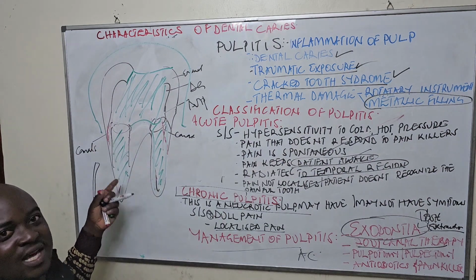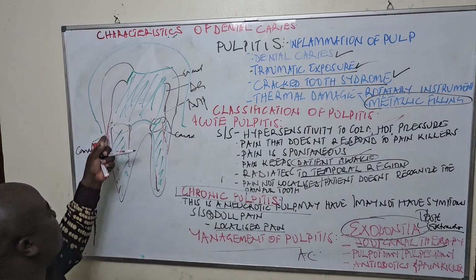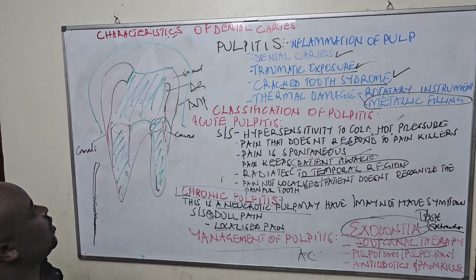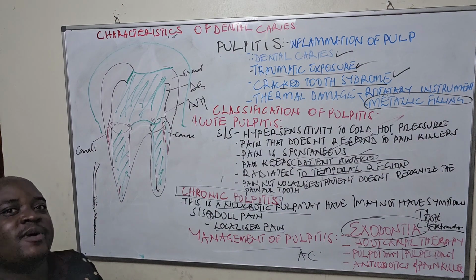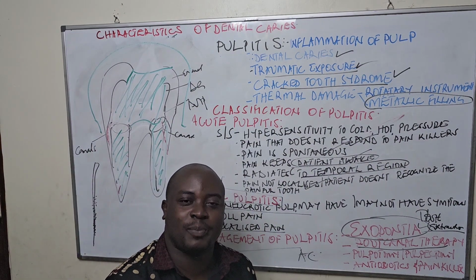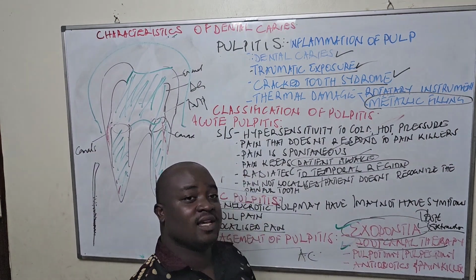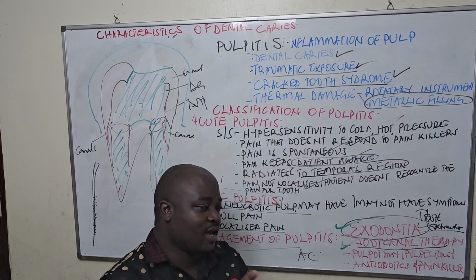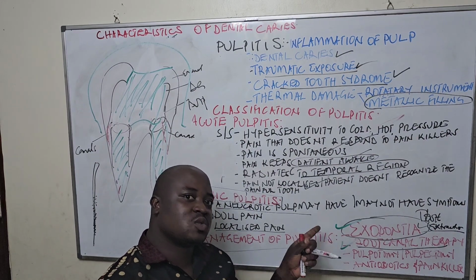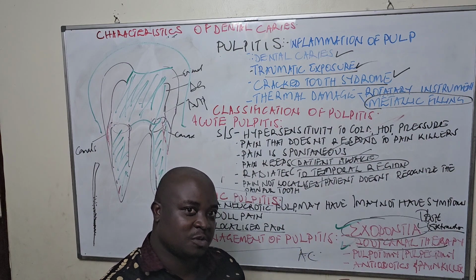After it has dried and there is no pain, maybe on the second appointment or third appointment, seal the tooth and you do what? Put a crown. It is a modern way of treating pulpitis without exodontia. As we said, we are going to look at exodontia. It has effects which we shouldn't benefit from as educated people.